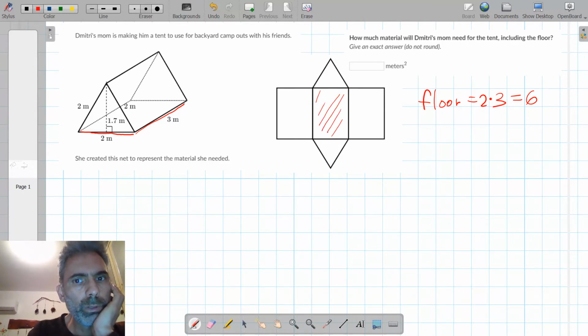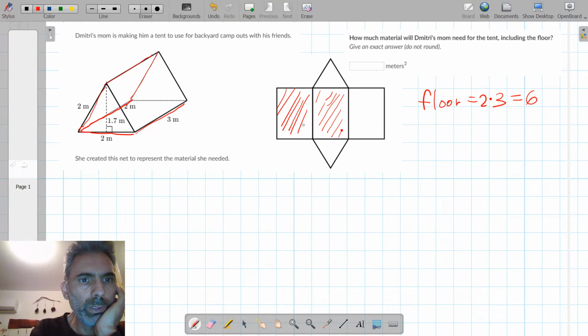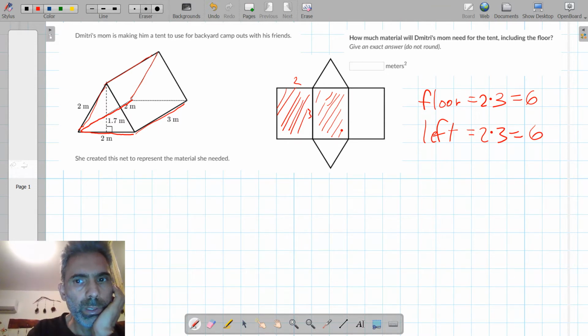The left face has an area of 3 times 2, which is also 6. And the right face is also 3 times 2.